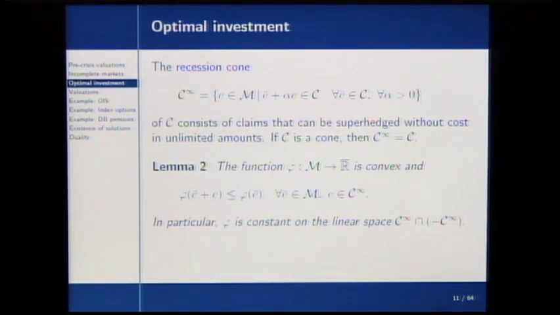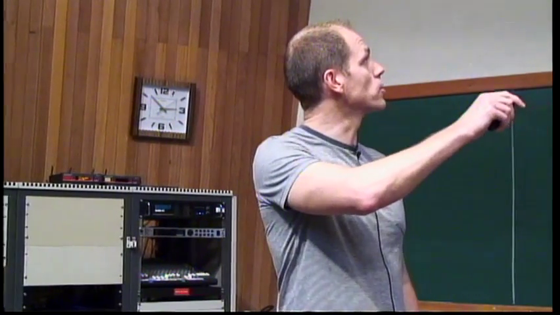What plays an important role in non-conical models is the so-called recession cone. It's a classic notion from convex analysis. It's essentially the largest convex cone you can fit inside the convex set C. If the convex set C is already a cone, which happens if you have proportional transaction costs or just bid-ask spreads, then the recession cone coincides with the set C itself.